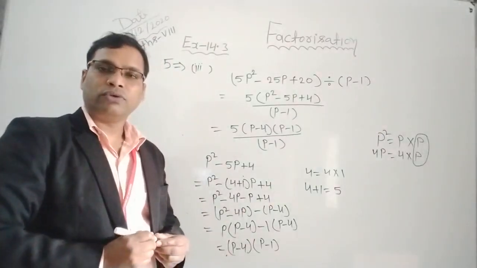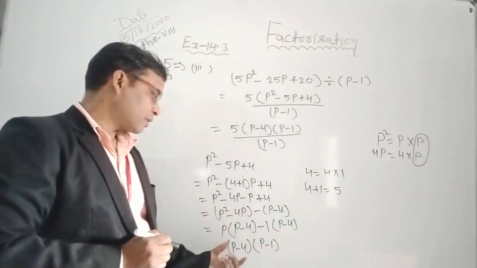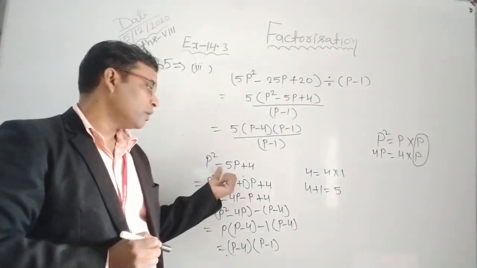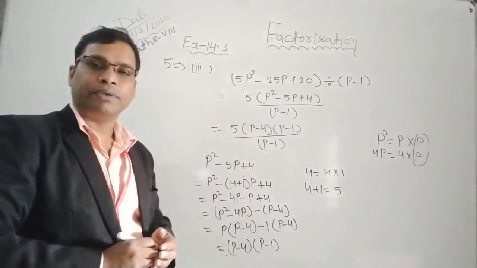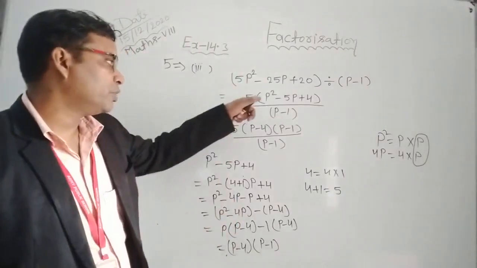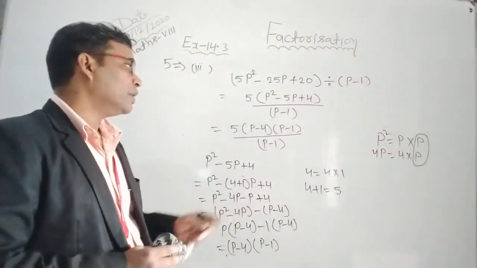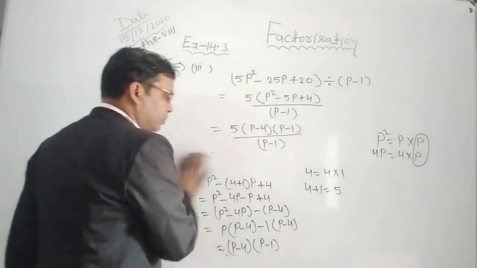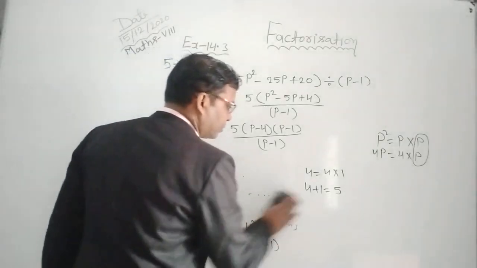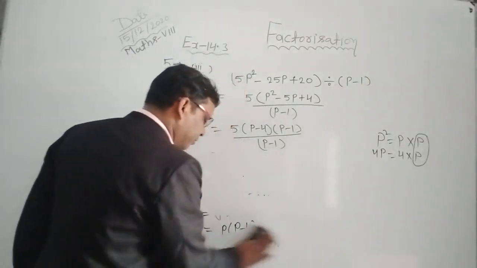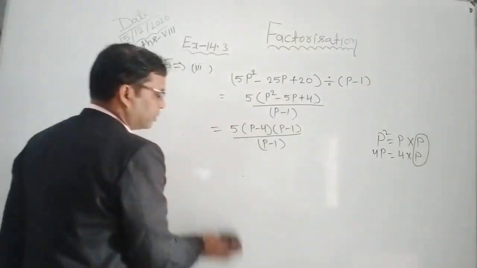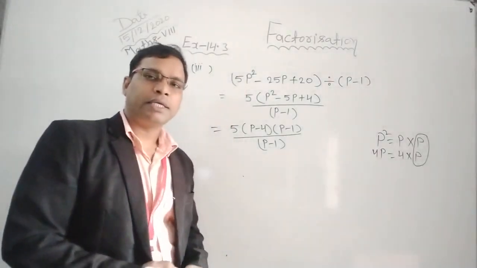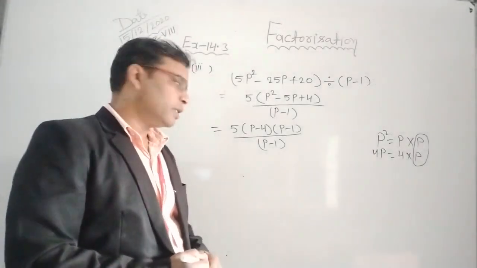So students, I hope all of you understood this part, how to find the factorization of p square minus 5p plus 4. Okay, so we replace p square minus 5p plus 4 with p minus 4 into p minus 1. After this, you can see what is common between numerator and denominator. Basically, p minus 1 is common between numerator and denominator.